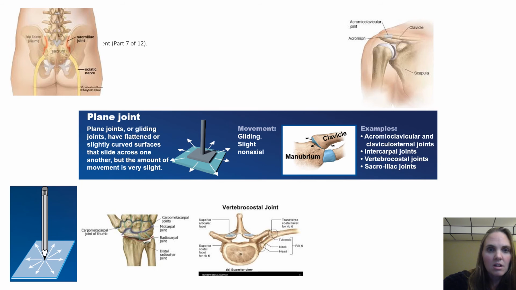So we've got our intercarpal joints would be here, sacroiliac joint, and vertebrocostal joint, and then also the acromioclavicular joint, where the clavicle and the scapula are going to meet. And then the claviculosternal joint, where the clavicle and sternum meet.